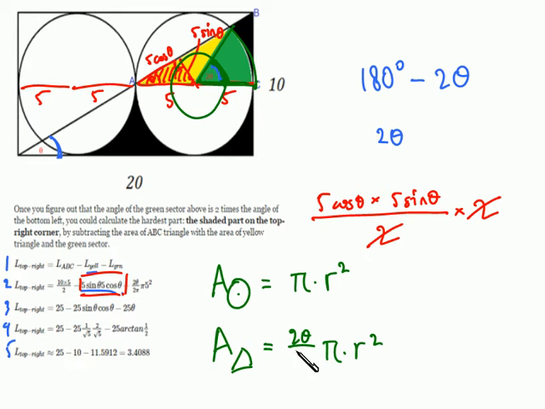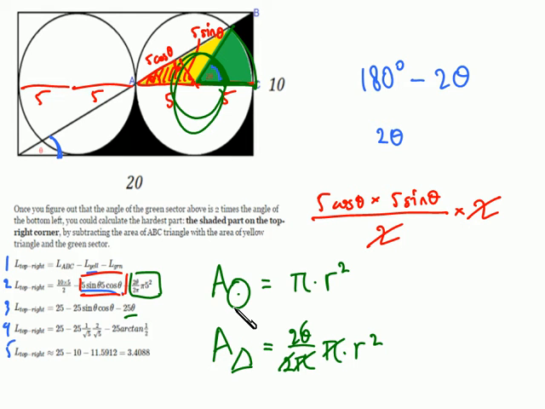What is the angle of a circle? 360, or in radians you can write it as 2 times pi. Therefore we have this formula, so we get this. That's easy.